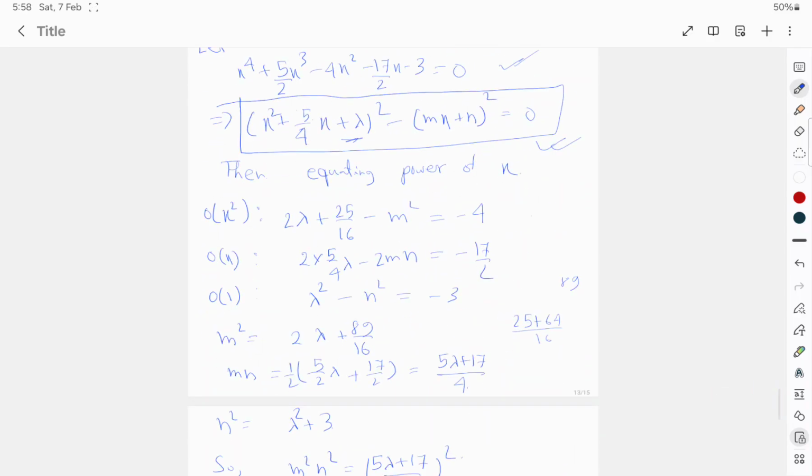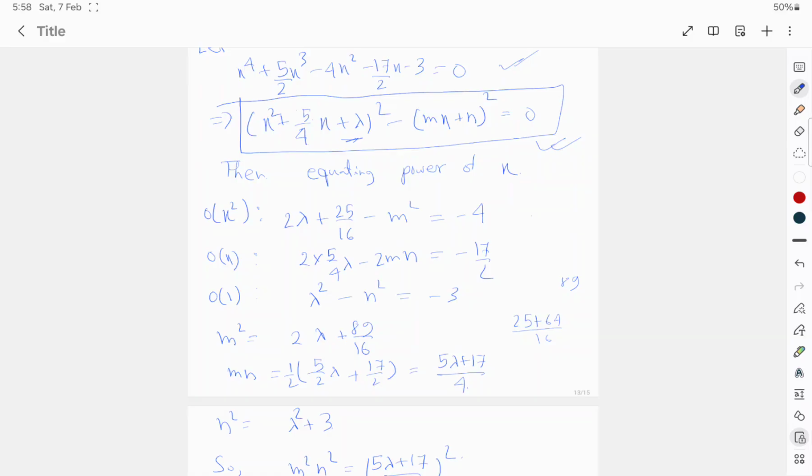After that step you have to compare the coefficients. The x cube is taken care of, so you have to think about order x square, order x and order 1. What is the coefficient of x square in this expression? You know the formula for a plus b plus c whole square: a square plus b square plus c square plus 2ab plus 2bc plus 2ac.